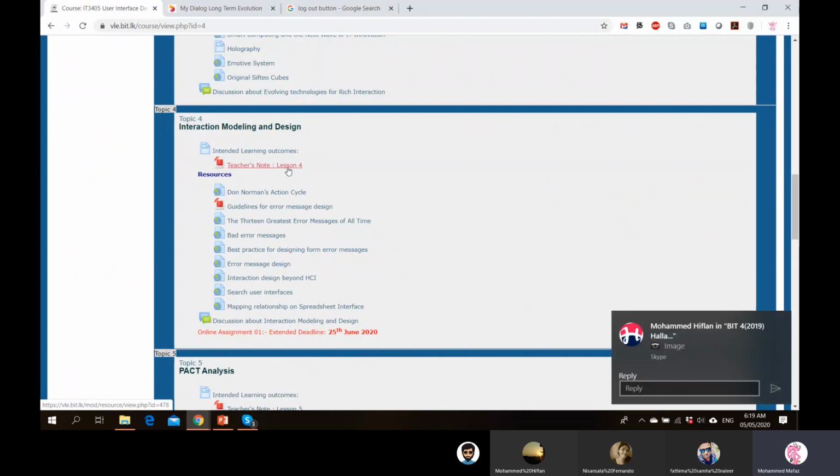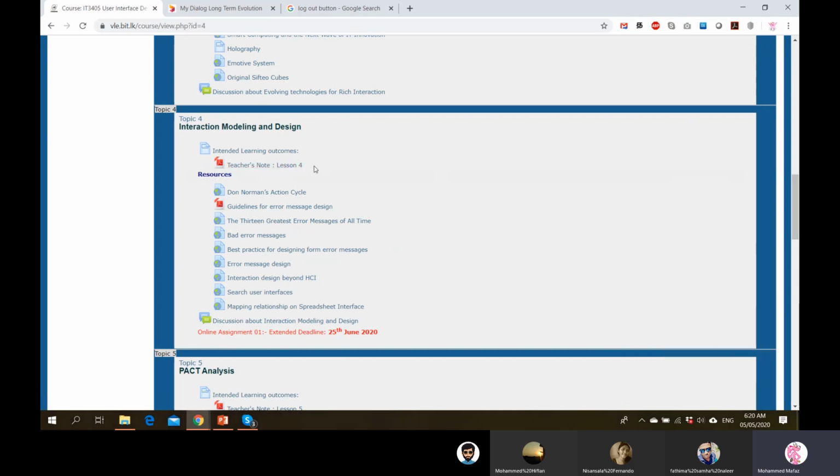I recommend that you go through the lessons there, the notes they have provided for topic 4, and I still haven't finished, so until this point I think I have done error messages. So these are some additional references. You can go and see examples of good error messages and bad error messages, which will give you an idea in relation to this Don Norman cycle.